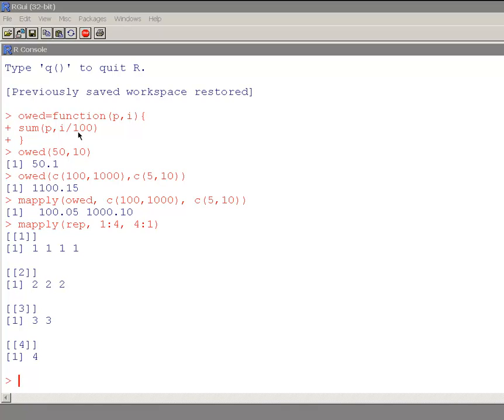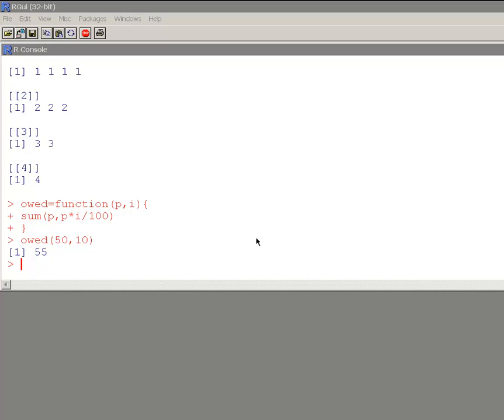So for example, if I put in 50 and 10, I'm talking about you borrow $50 and the interest rate is 10%, then at the end of a year you owe $50 plus 10% of $50. Not right. Okay, let me try it this way. I redefined it, so its sum is P, the sum of P and P times this I over 100.